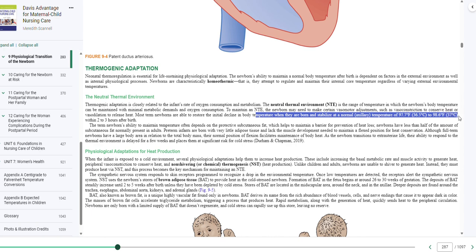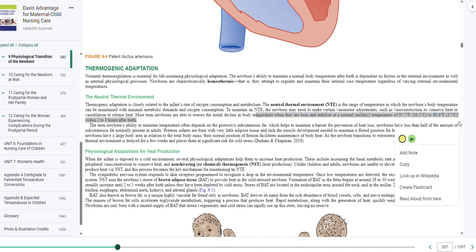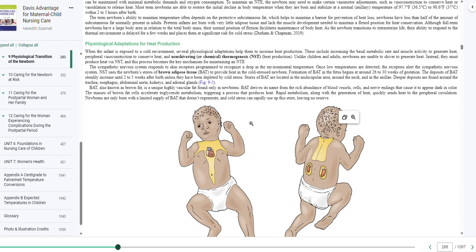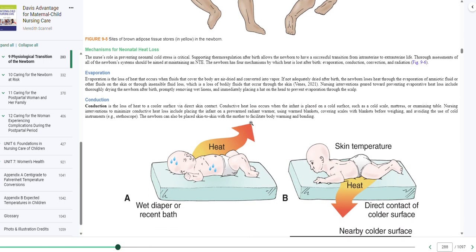This should happen within 2 to 3 hours after birth. Then we're discussing the physiological adaptations to heat production, and the mechanisms for neonatal heat loss.